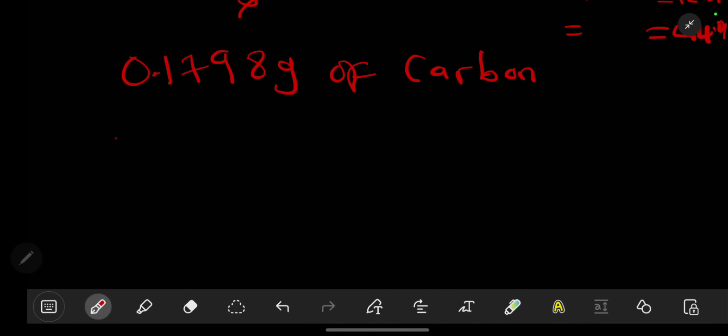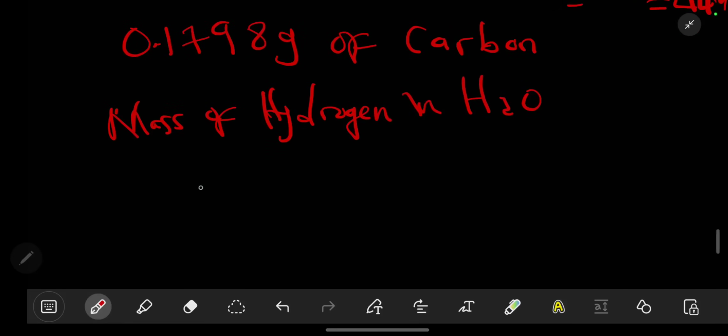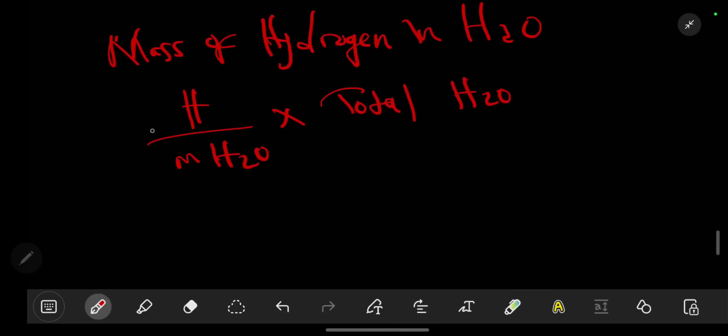You can say mass of hydrogen in water. The mass of hydrogen over the mass of our compound times the total for your H2O. In water there are 2 hydrogens, so we have to multiply by 2.